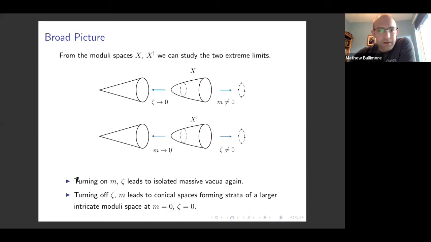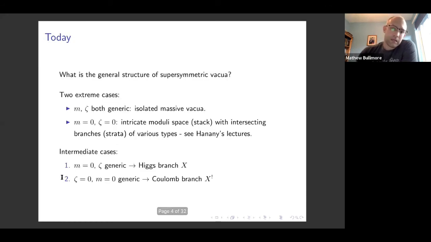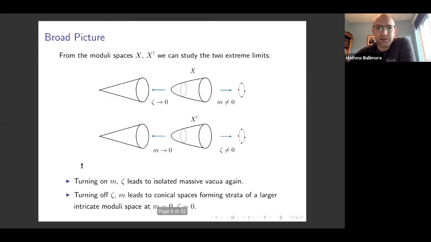So let me just give a bit of a broad picture, a summary, if you like, of how this fits in with everything that I said before. So here, of course, if I set the mass to 0 and I keep the Fi generic, I could then imagine turning the mass back on. I should recover what I did in the last lecture.